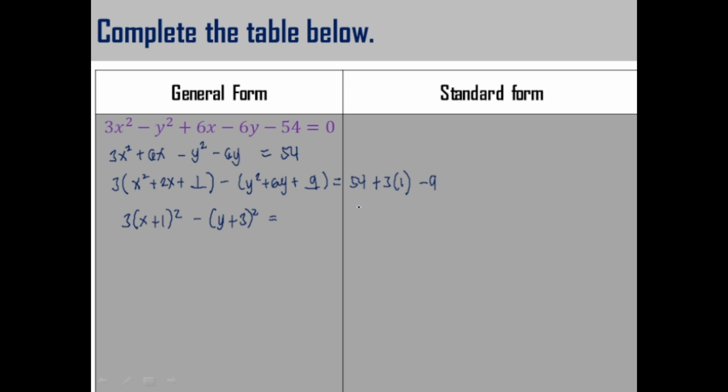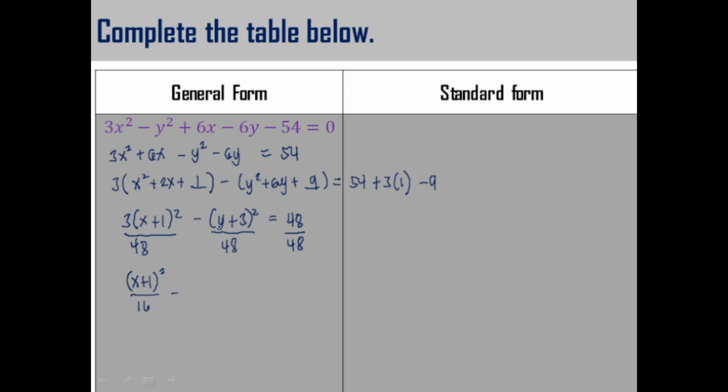That is 48. After po nyan, para maging 1 po yung ating right side, we have to divide both sides with 48. Pati ito, 48. Pati ito, 48. Okay? When you press 3 over 48 on your calculator, it will give you 1 over 16. So ito yung magiging x plus 1 square over 16.